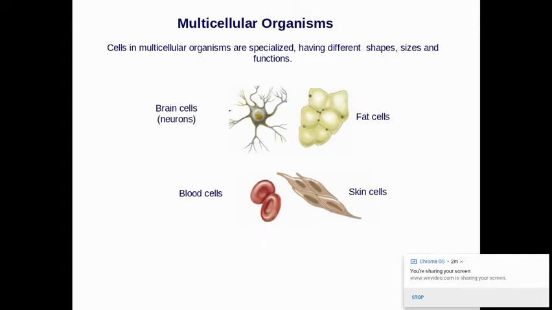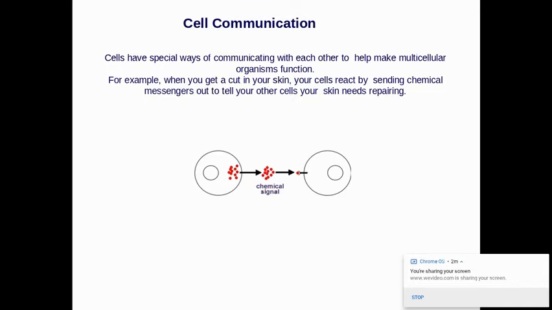One really important thing is that cells have special ways of communicating with each other so that the multicellular organism can function. For example, if you were to cut your skin, your cells react by sending a chemical messenger to tell the other cells in your body that that part of your skin needs repairing.